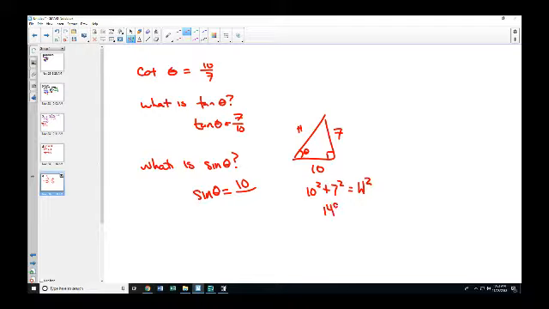The square root of 149, so whatever that is, 12.2. Okay. So you'll have to use Pythagorean theorem a little bit.